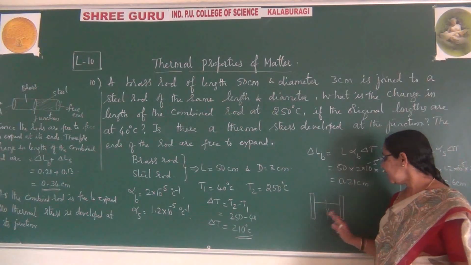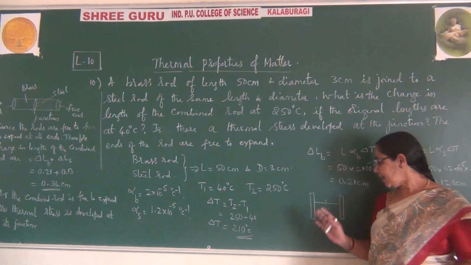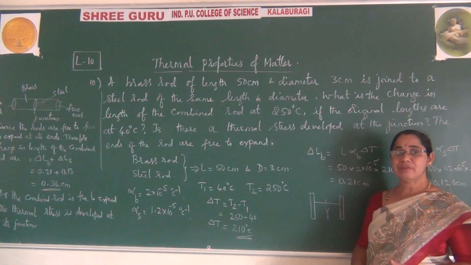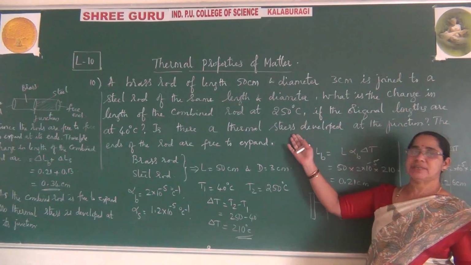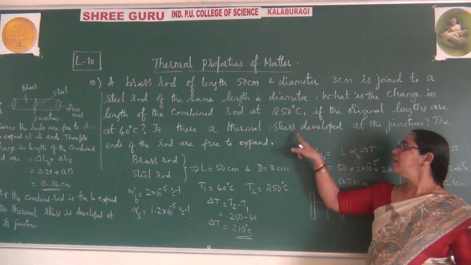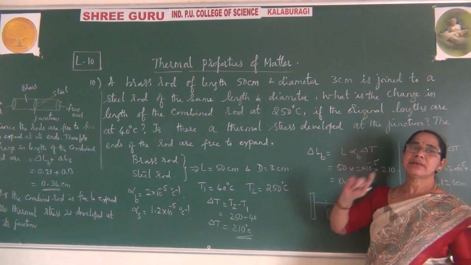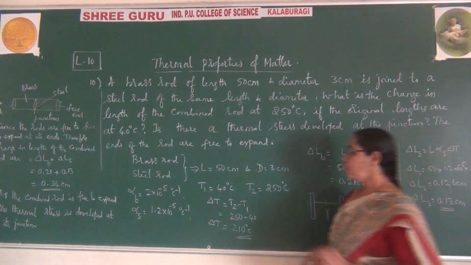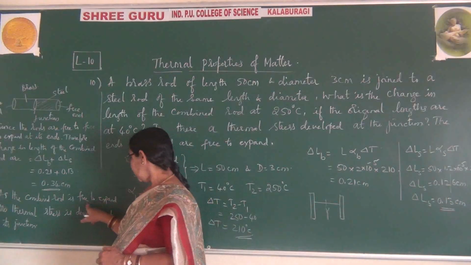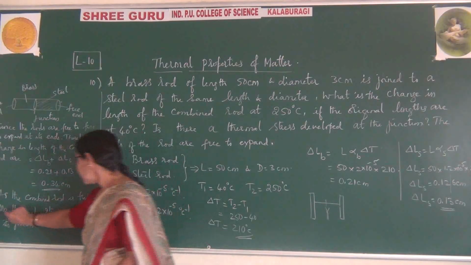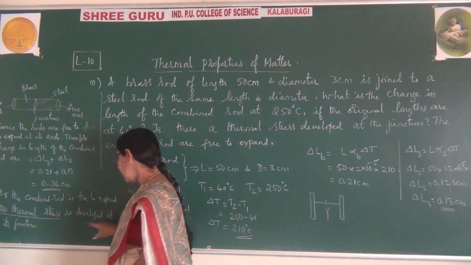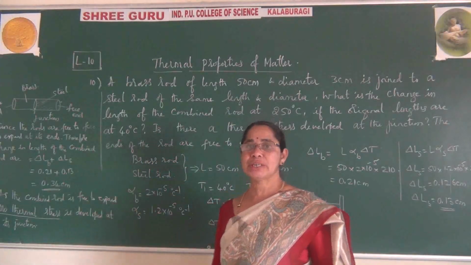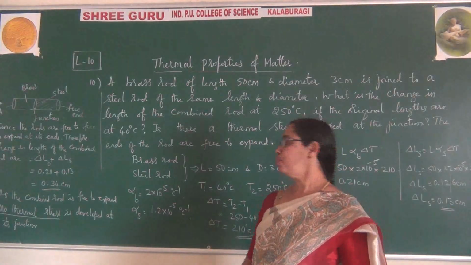But in this problem, to get you confused, they have given this question. You need not get confused. Just remember, thermal stress is developed only at its ends, but here they are asking only at the junction. Therefore, you can say no thermal stress is developed at its junction. This concept you have to remember. If you know the concept, you can clearly say this. There is no difficulty.